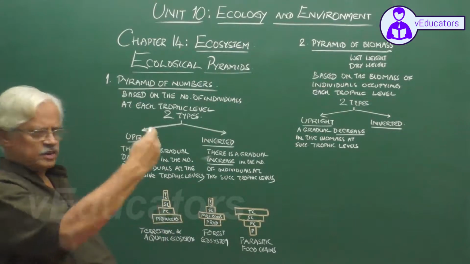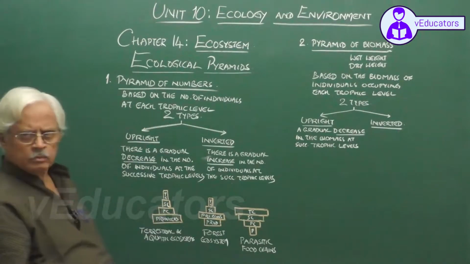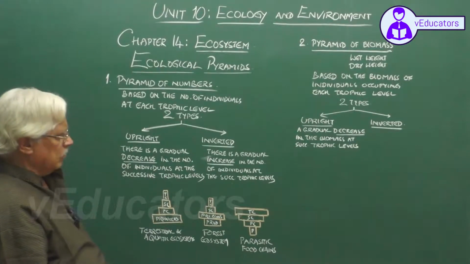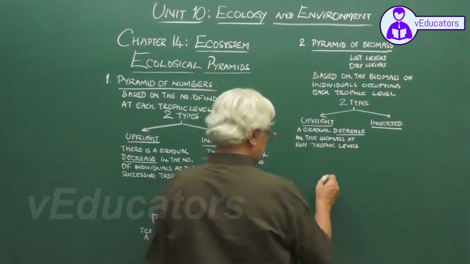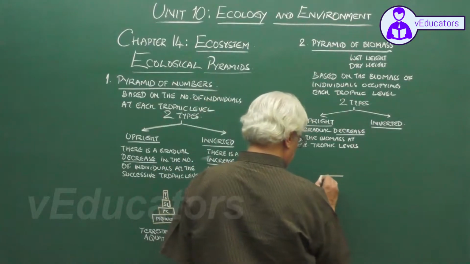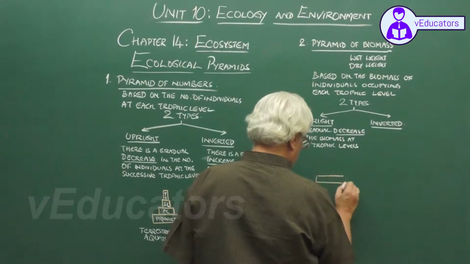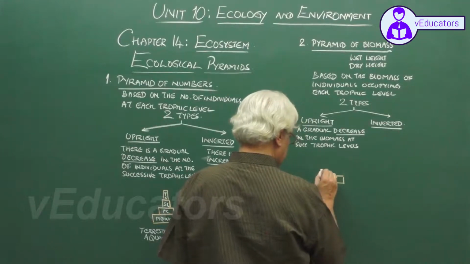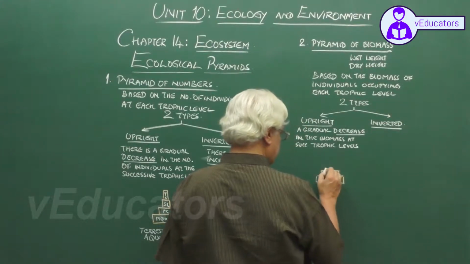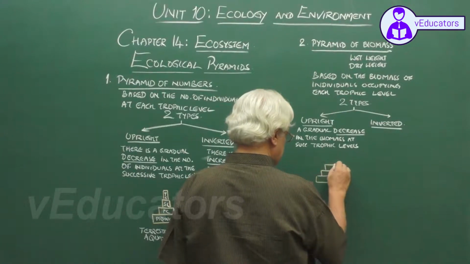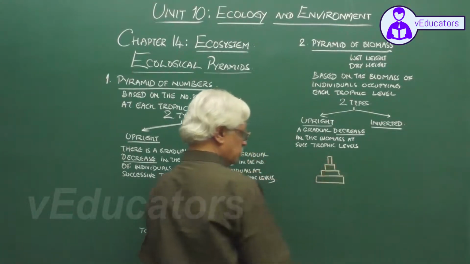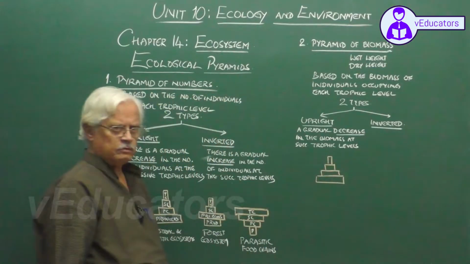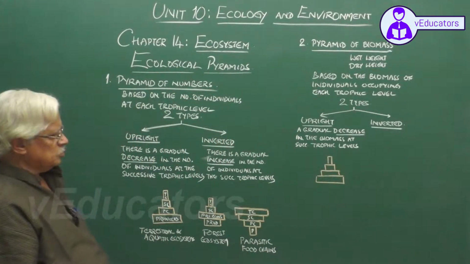A gradual decrease, therefore base will be broader, apex will be narrow. So typical situation: biomass of producers, biomass of primary consumers, biomass of secondary consumers, biomass of tertiary consumers.